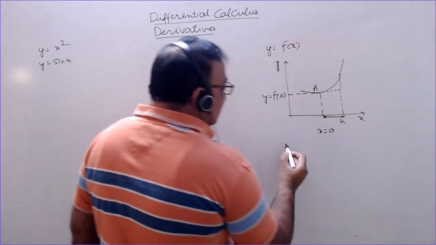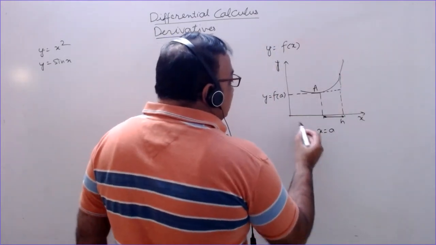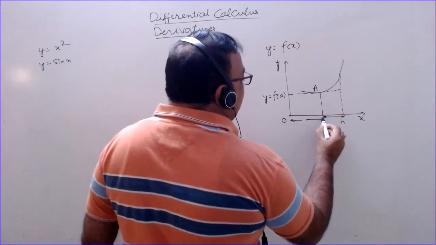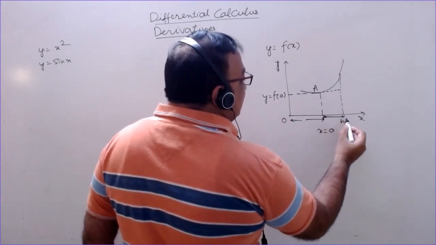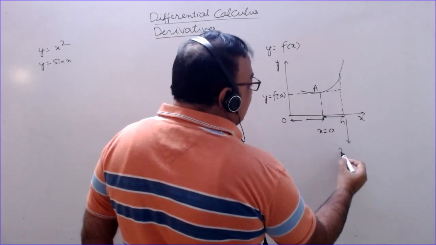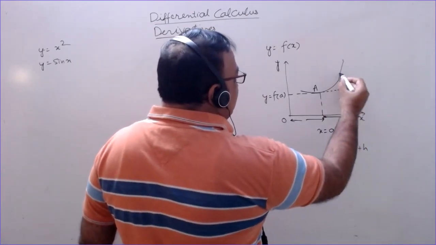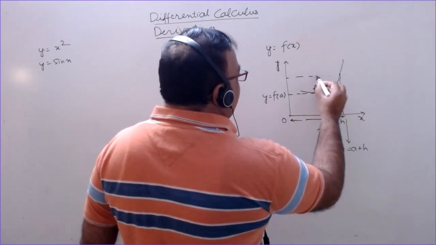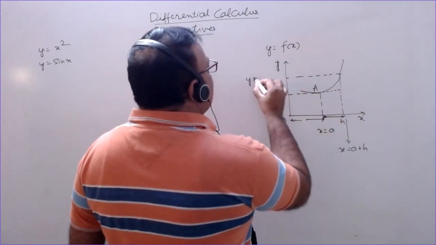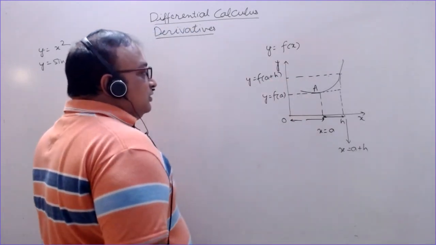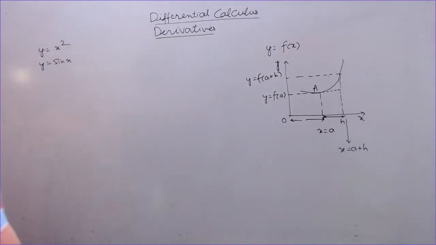This is x equal to a from the origin, and this is h. So here the value of x is a plus h, so y naturally will be equal to f of a plus h.